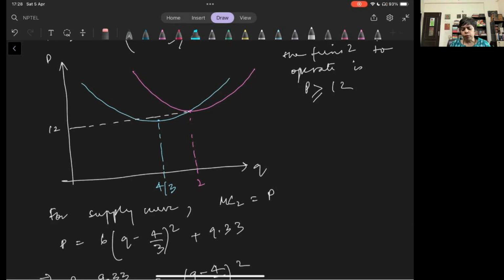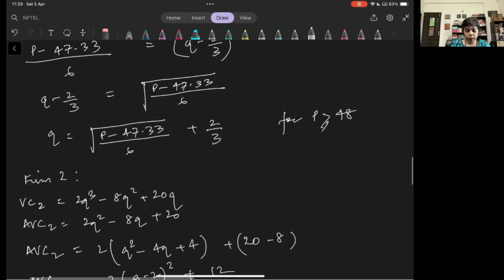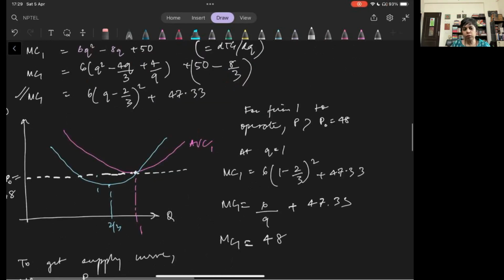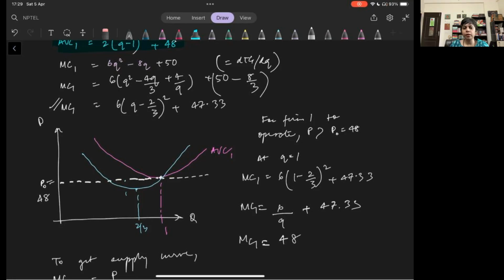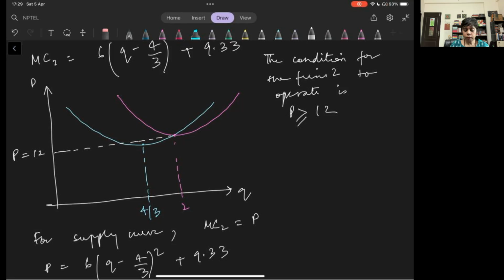So we compute that point, and the price we get, P equal to 12, is the lowest price at which the firm is going to operate. For firm 2 that is P equal to 12, and for firm 1, that was P equal to 48. So there's a big difference between the pricing for firm 1 and firm 2, which is the main key point of this question.